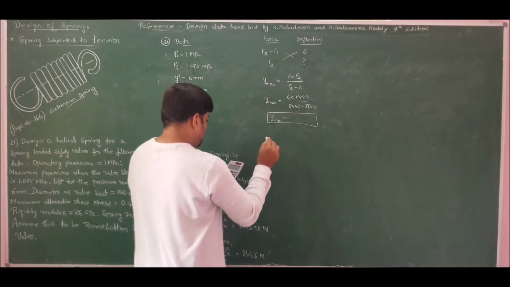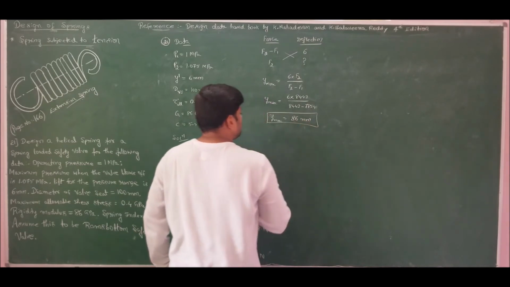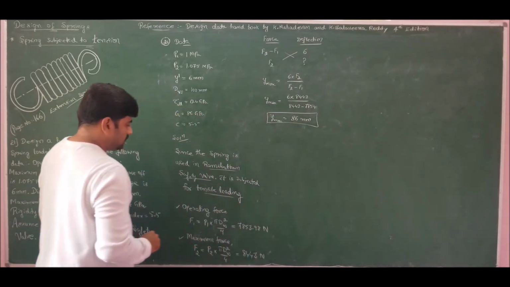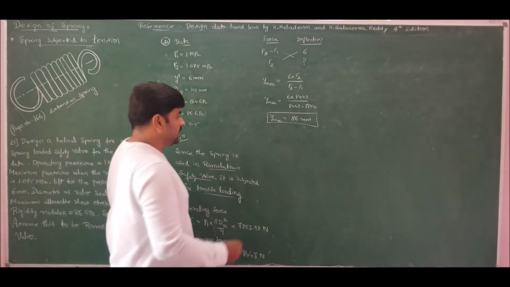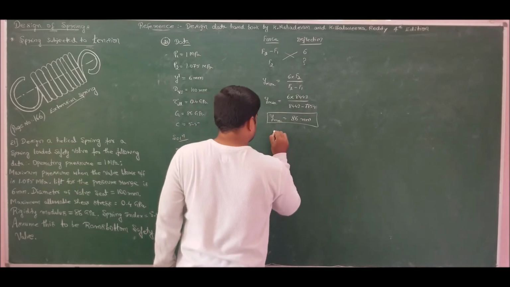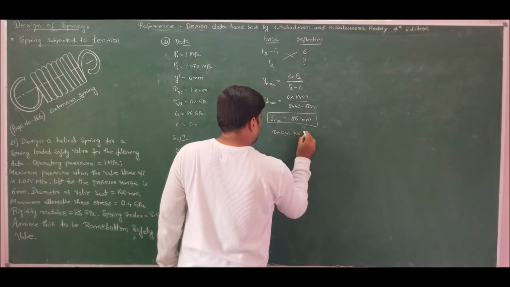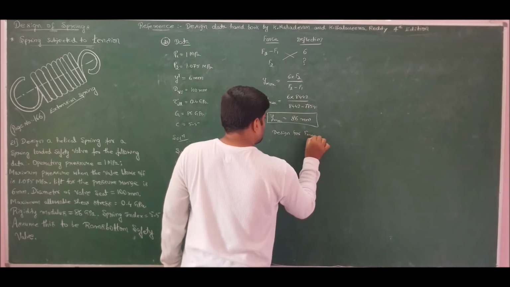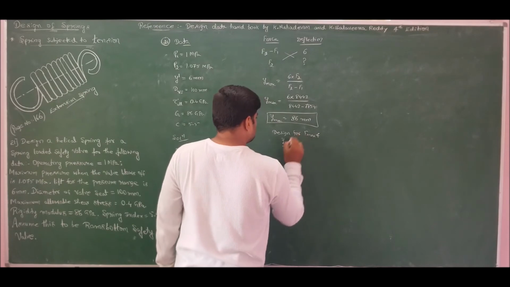That is, maximum deflection is 86 millimeters. So you know maximum force 8443 newtons, you know maximum deflection 86 mm. Now design for maximum force and maximum deflection, design for F max and Y max.